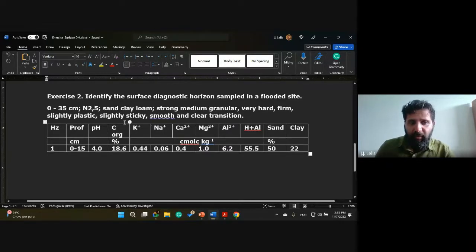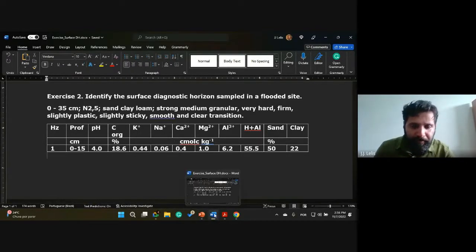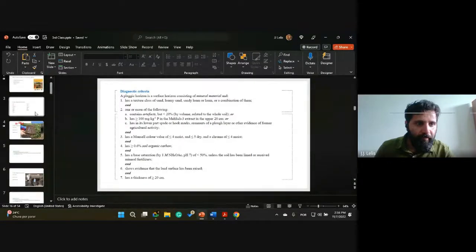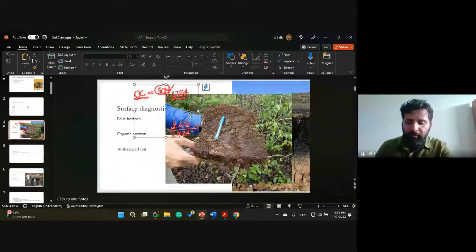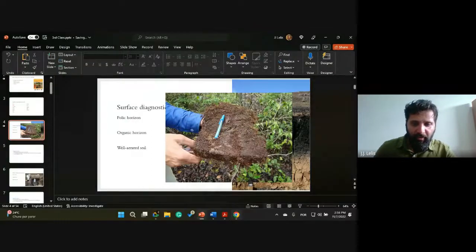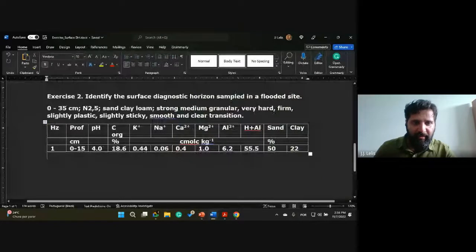Okay, so let's check which horizon presents these soil properties. Let's start. The folic horizon should present at least 20% of organic carbon, and we only present 18%.